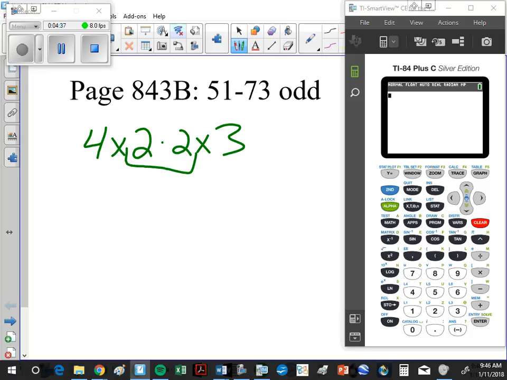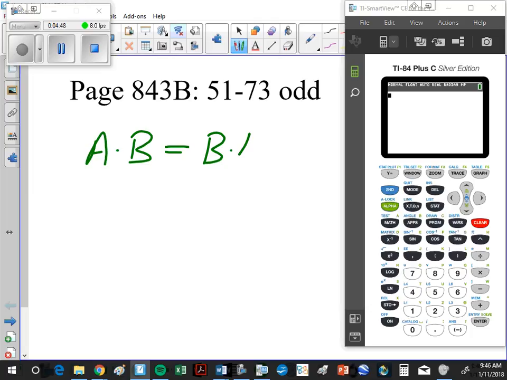There's another important thing. A times B is equal or not equal to B times A. That is not true except if they're inverses or if B is the identity in some cases. Right?